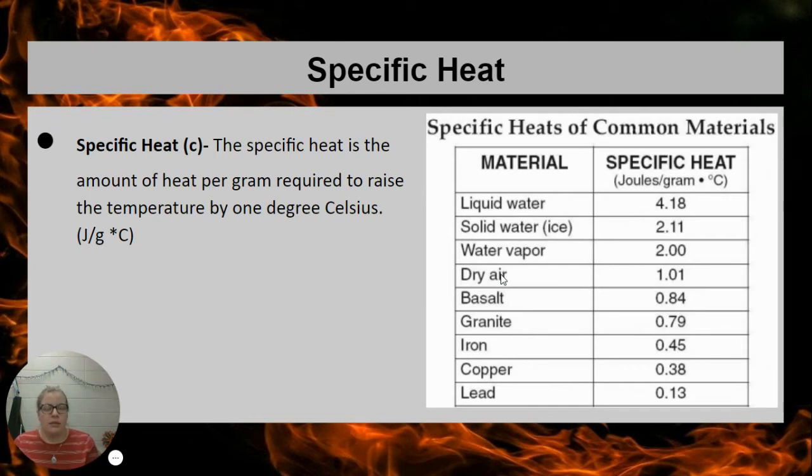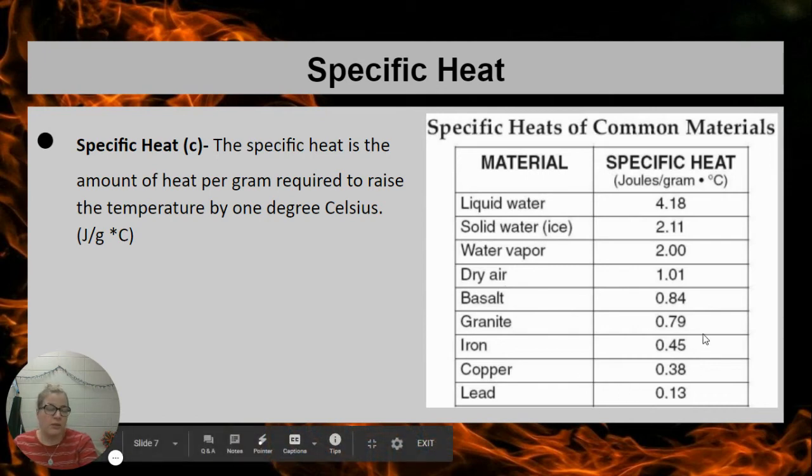Solid water in an ice form is half of that value. So it's 2 joules per gram degree Celsius. Water vapor is about the same as ice. Air has a specific heat of 1, and all the way down the bottom here, lead has a specific heat of 0.13.